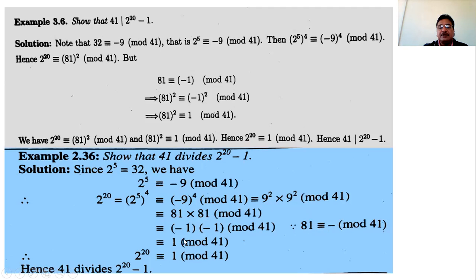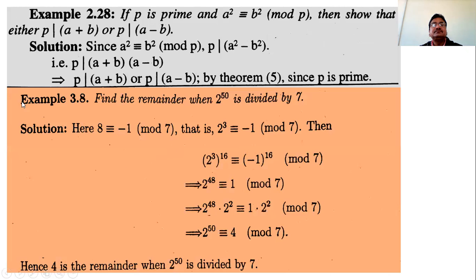Therefore minus 1 into minus 1 is plus 1. And then 2 raised to 20 is congruent to 1 modulo 41, and therefore 41 divides 2 raised to 20 minus 1. We can solve these examples by using different methods.